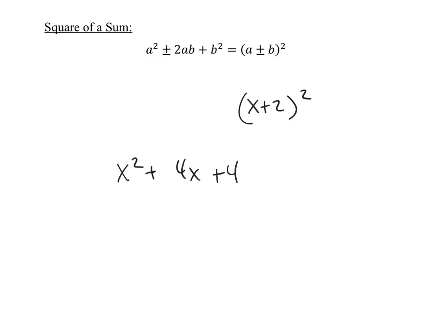And the 4x is really double the product of these. The product of 2 times x is 2x. Double that, you get a 4x. That's what this is saying right here: it's double the product of those two values themselves. And where's the 4 coming from? The 4 is coming from squaring this 2 here. That's b squared at the end. And then the a squared itself is just x squared.